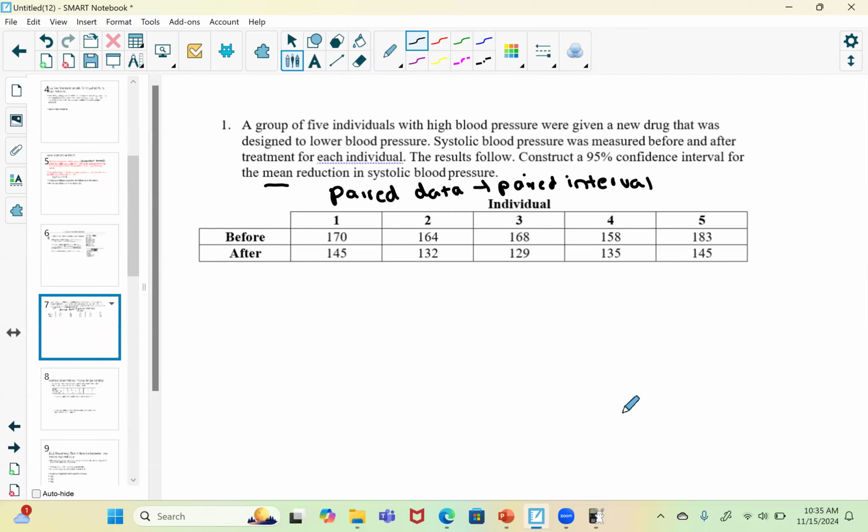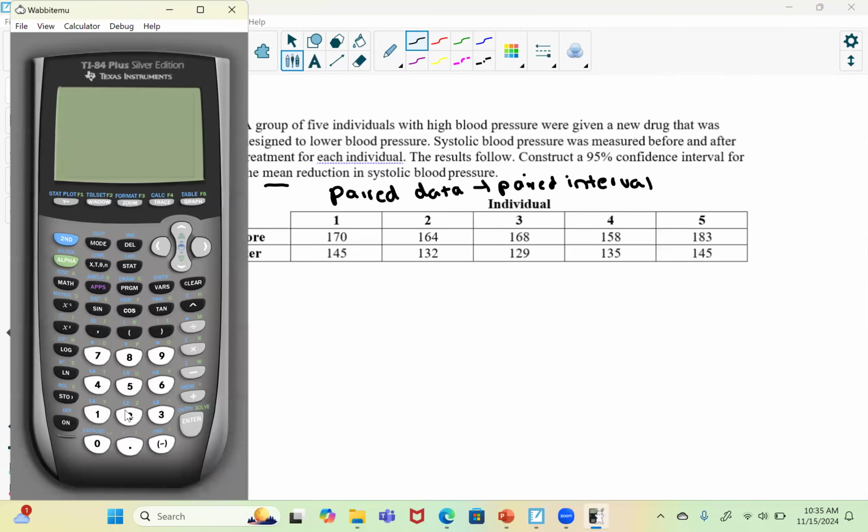Okay? So to do that, we are going to put both sets of data in. We're going to go to L1 and enter our data in.